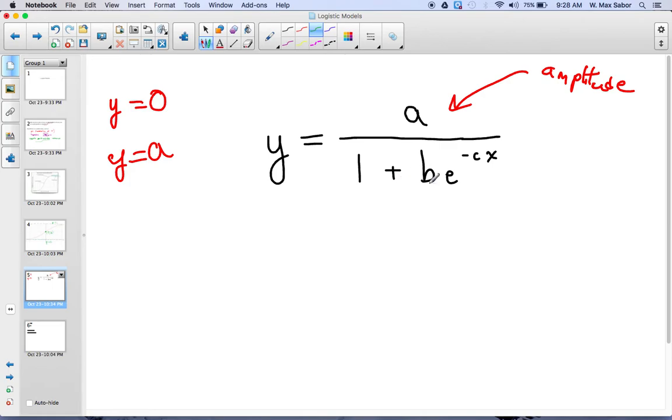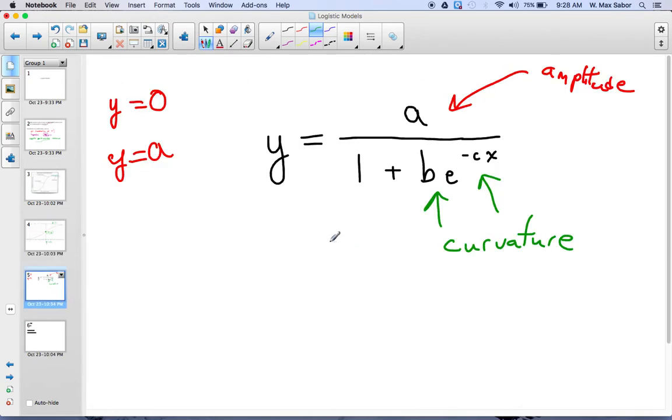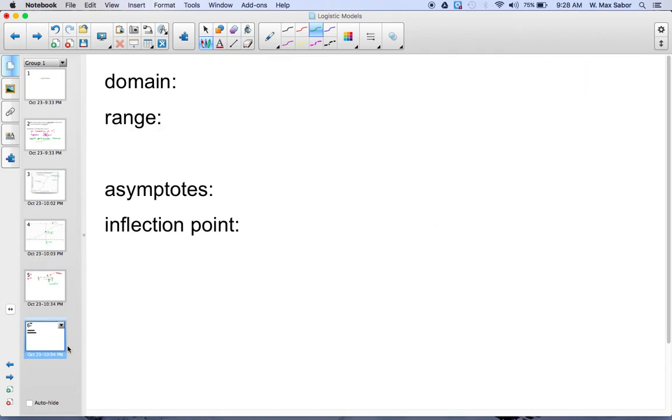Then B and C change the curvature. So it changes the slope here and how quickly it levels off. You don't have to worry about exactly how B and C affect this, but let's look at the important things that I would ask you about. So the domain is going to be all real numbers, unless it's restricted by the word problem.